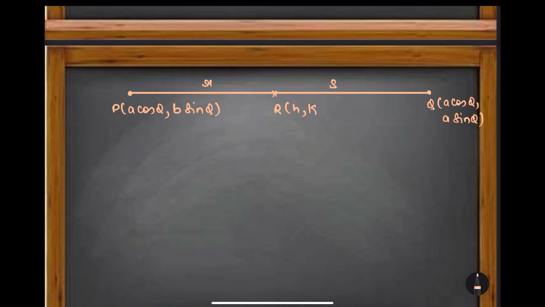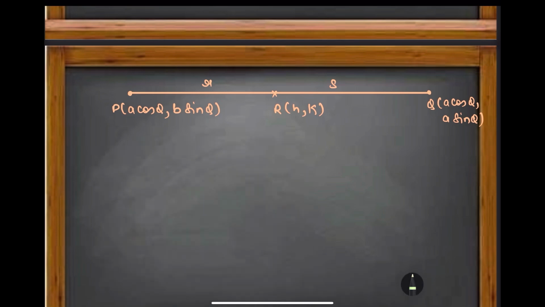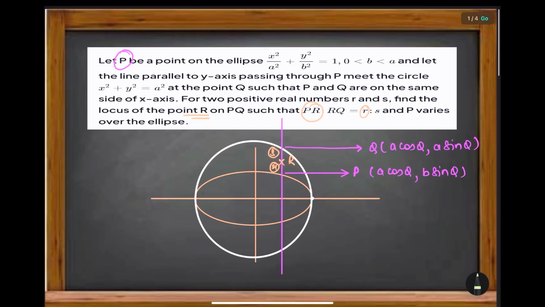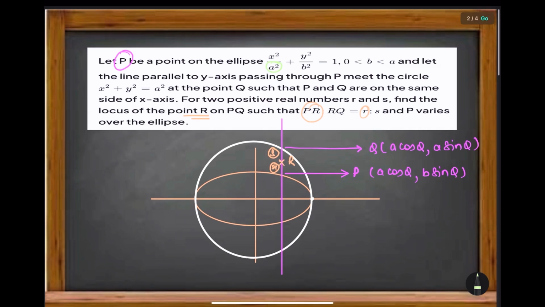Correct? Now look at this. You know that you have to find the locus. So locus means we will apply some restrictions and then we will remove the variables that we have introduced. Look at this. Did you introduce a? No, a was in the question. b? No, b is already in the question.